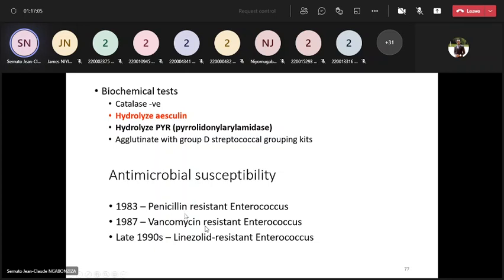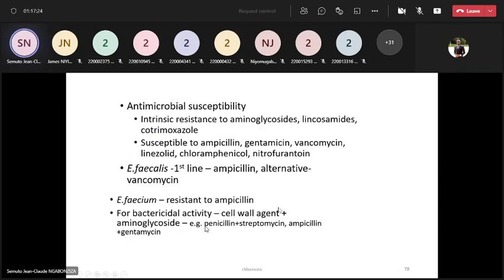As for susceptibility, they are always resistant to penicillin, and we have also seen that linezolid-resistant strains have appeared, causing trouble. They have intrinsic resistance to aminoglycosides. They are sometimes susceptible to ampicillin, gentamicin, and linezolid. So it is imperative to do susceptibility testing.